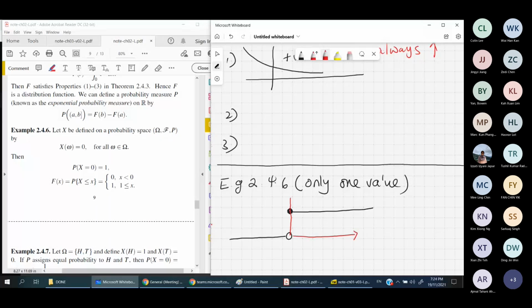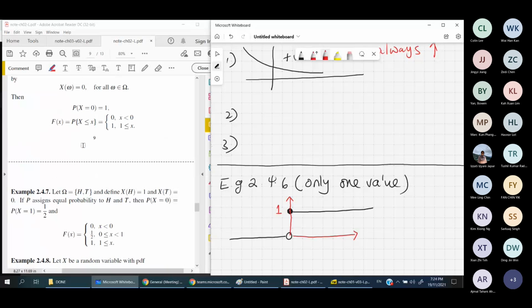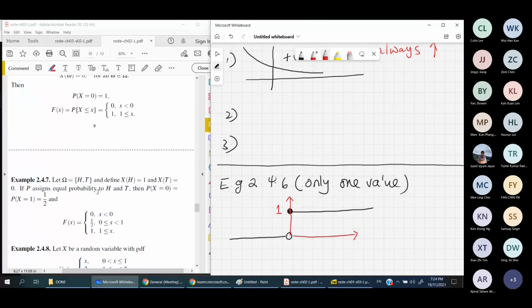This is the x-axis, this is the y-axis, this is the value 1. This is actually sort of like the Bernoulli.